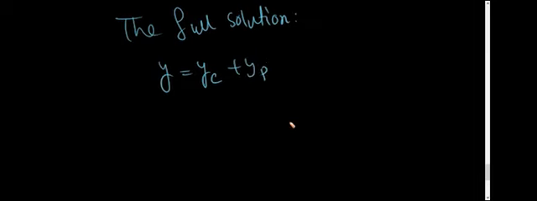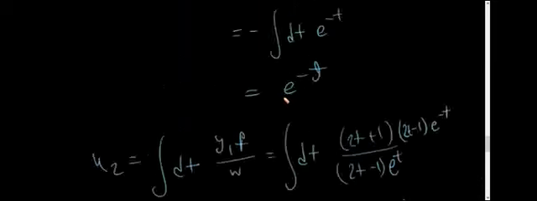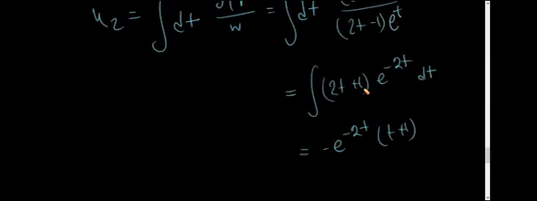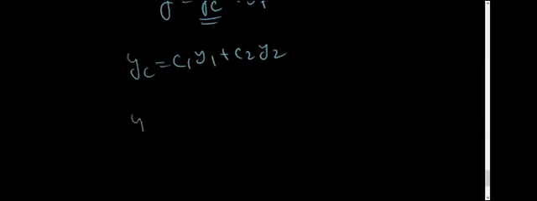So finally, the full solution will be the complementary solution and the particular solution. We are not writing down the complementary solution again because we already know it: yc was given by c1 y1 plus c2 y2, and we already know y1 and y2 from here, that is 2t plus 1 and e to the power t. So let's focus on our particular solution.